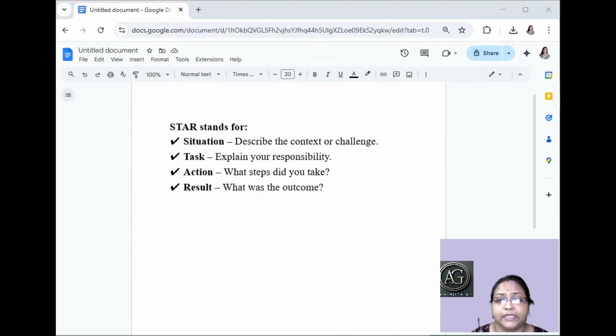So the STAR method gives a structured and effective manner of answering the questions, and with this you can avoid rambling and keep your response impactful.